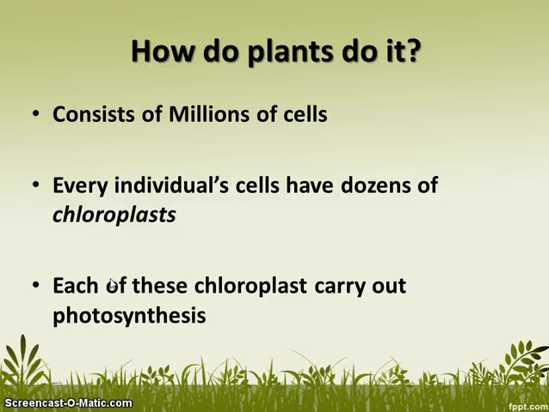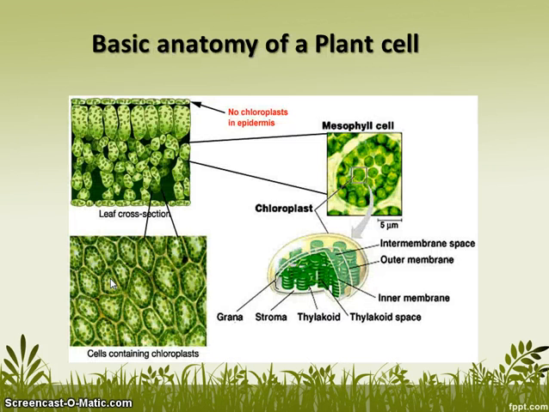So the question is, how do they do this? They consist of millions of cells, and each individual cell has a dozen of other smaller structures known as chloroplasts. Each of these chloroplasts carries out the process of photosynthesis. The picture you see represents a leaf, and within the leaf, cells of the leaf.